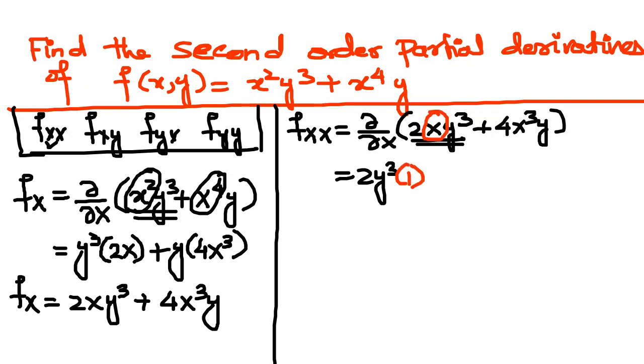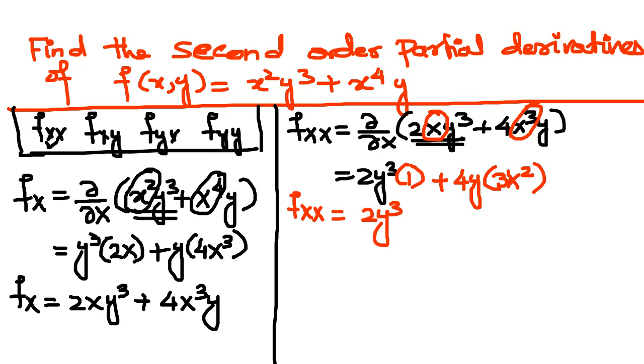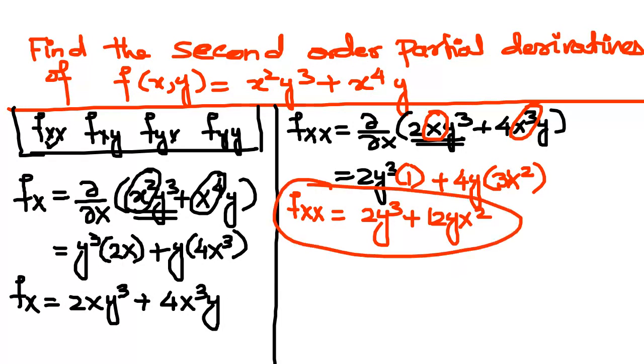That is 1 plus 4y is a constant. And what is the partial derivative of x power 3? 3x power 2. So the double derivative is equal to 2y power 3 plus 12yx square.